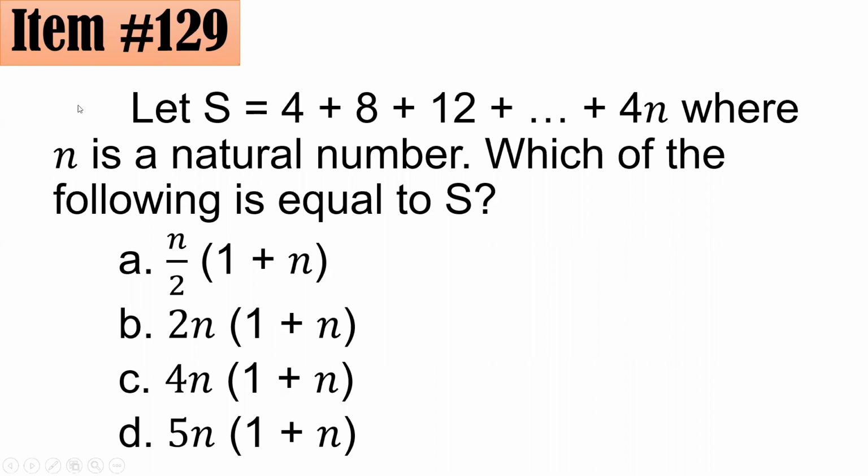If you could see po, this is in fact an arithmetic series, plus 4, plus 4, plus 4 lang po tayo all throughout. So this is an arithmetic series with a first term of 4 and a common difference of 4 also.